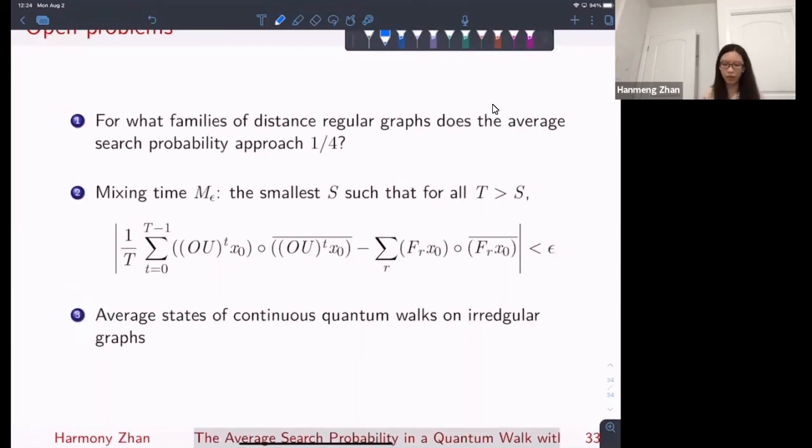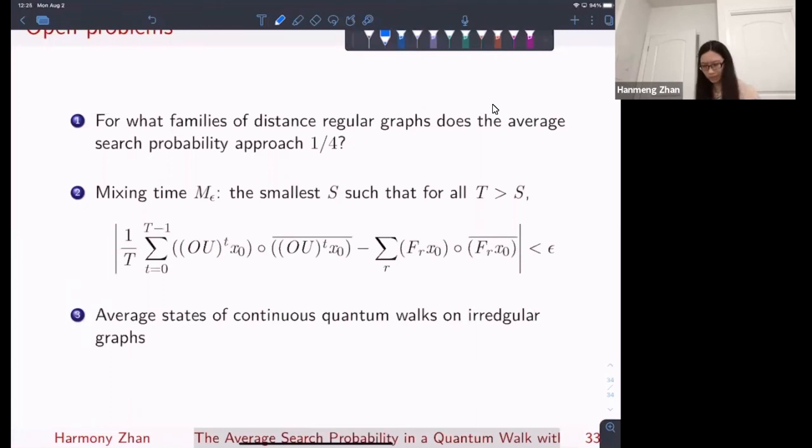A family of graphs is called sedentary if, as the family gets larger and larger, the walker tends to be more and more reluctant to leave his initial state in the limit. Chris has studied this problem in continuous time quantum walks, and I think Tina also has some new results in discrete time quantum walks. But the results are only concerned with regular graphs or even strongly regular graphs.